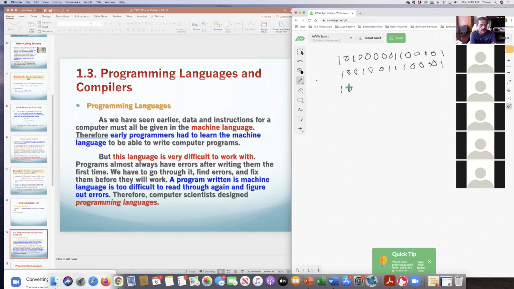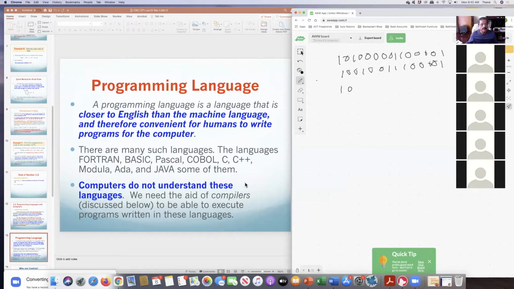These are languages that have English words and math symbols. So for adding two numbers, you use the plus symbol like you always use. And you use English words and things like that in the programming languages. So they were able to design a programming language. That's not difficult, you know.